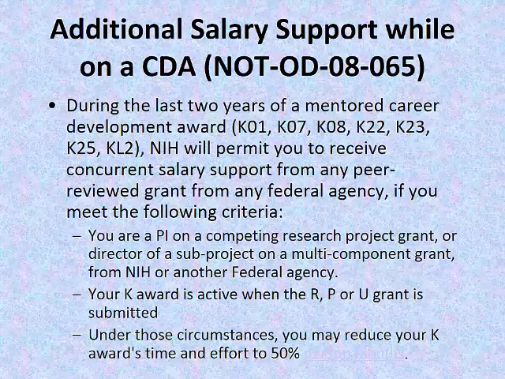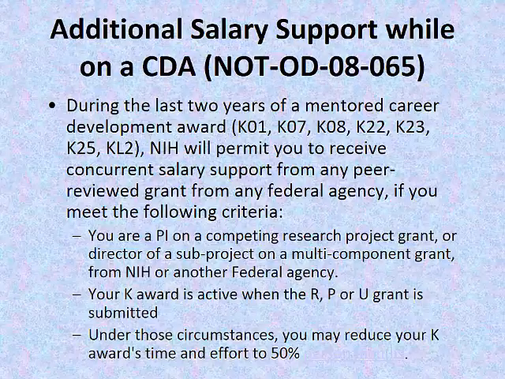I know there was a community-based P60 at UCLA on stroke prevention, with different projects taking different angles of stroke prevention, all in the P60. So if you are the PI on one of the sub-projects on a P60, then you can take salary support from both. So that's really what this first bullet is about.